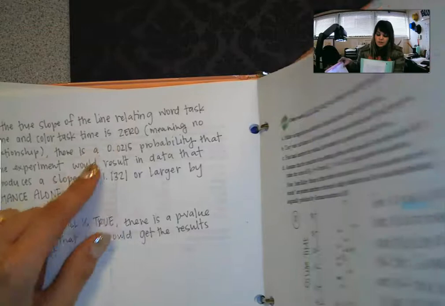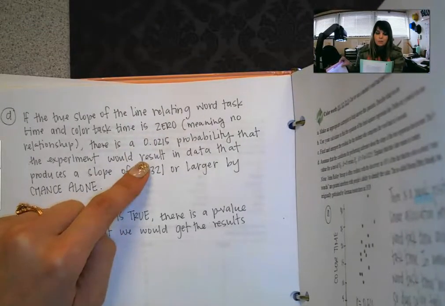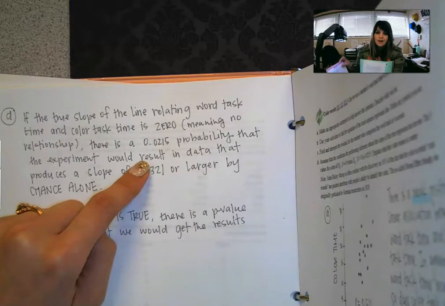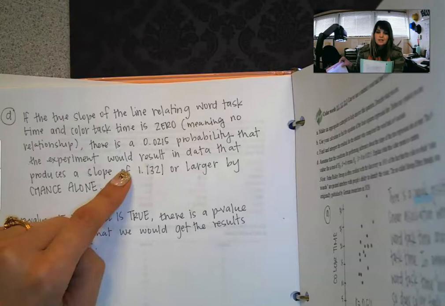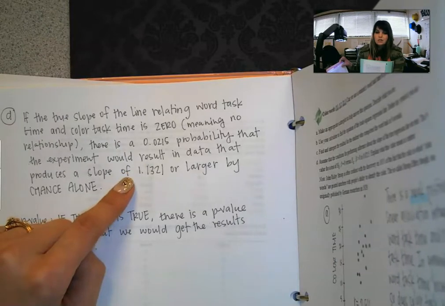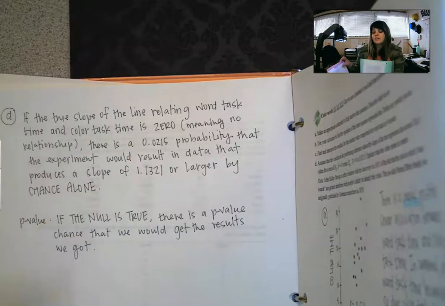So if the slope of the line is really 0, there is a 0.0215 probability that the experiment would result in data that produces a slope of 1.1321 or larger by chance alone.